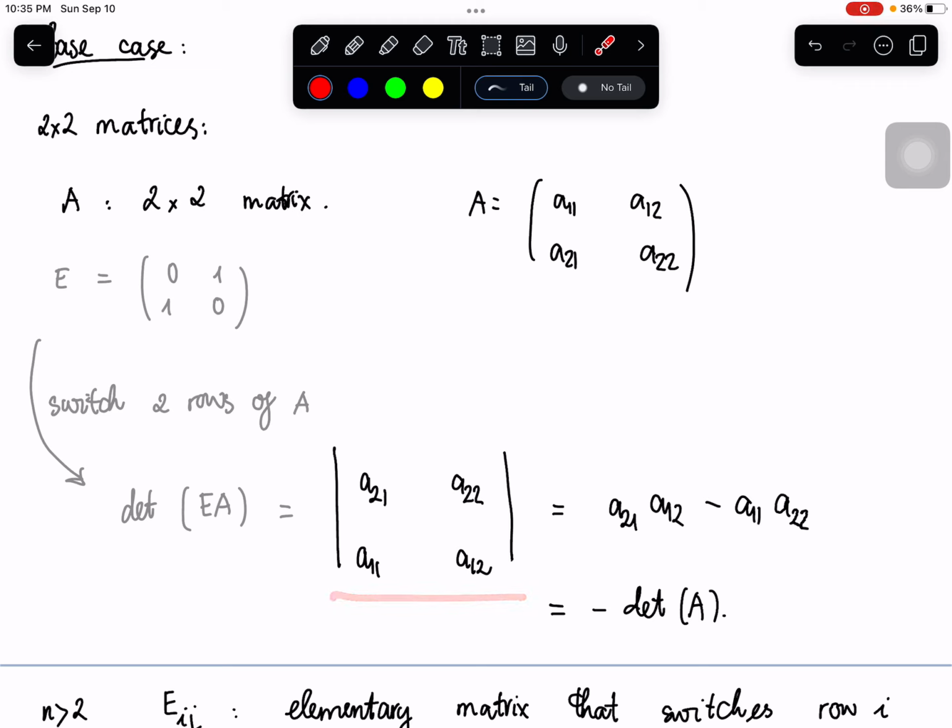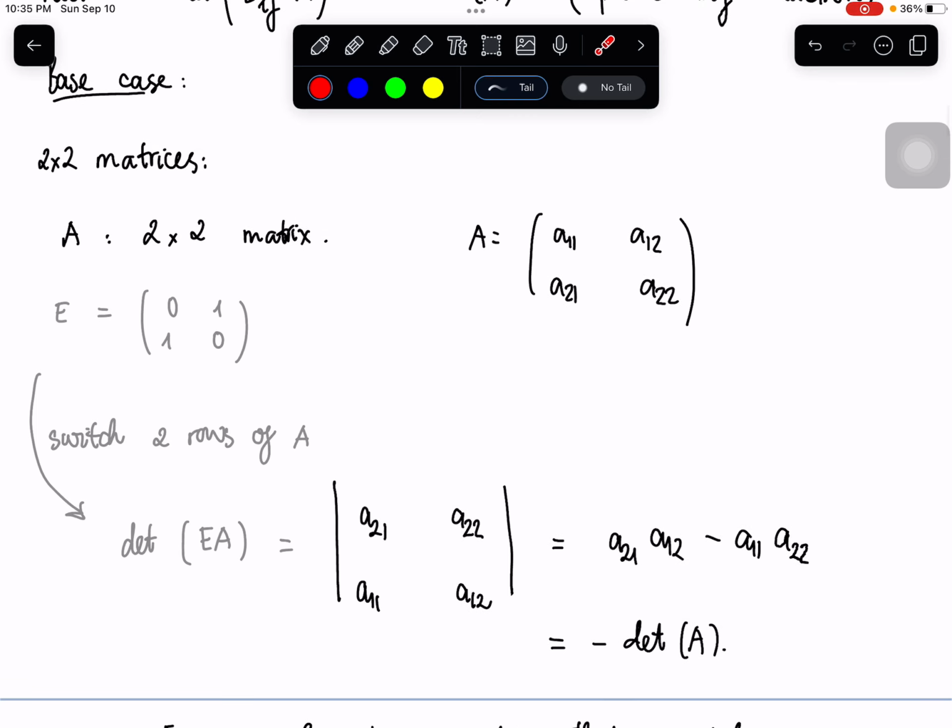After we exchange the two rows, this determinant equals A21 times A12 minus A22 times A11. That is, by definition, minus the determinant of A.